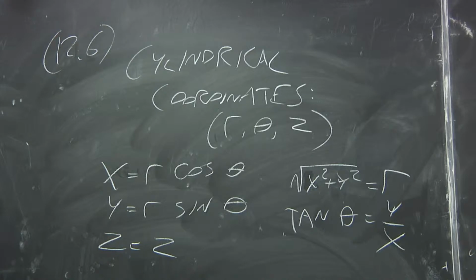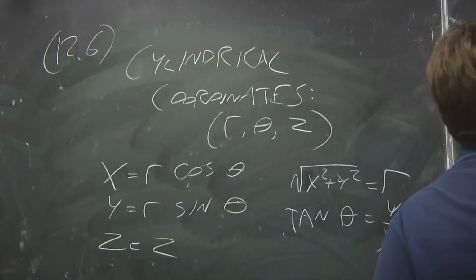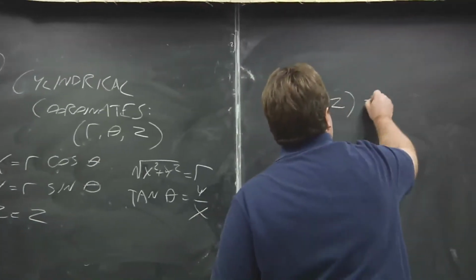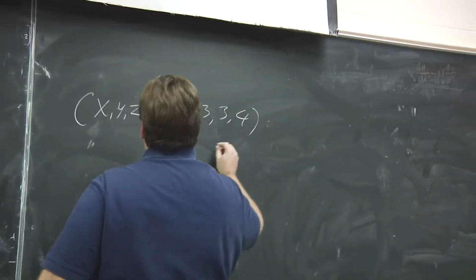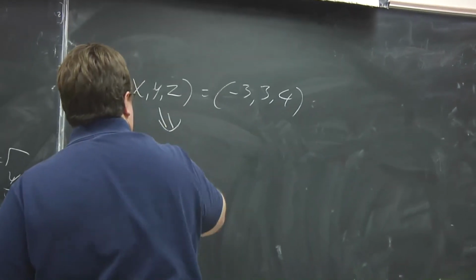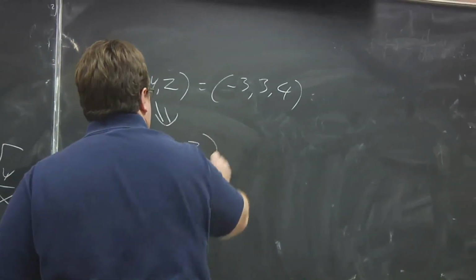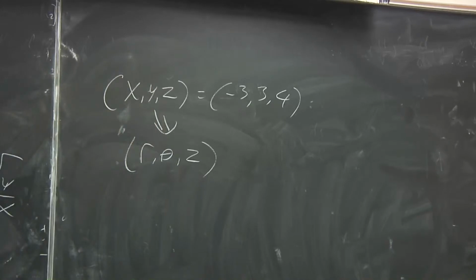Okay. So, for instance, let's suppose we have this point, x, y, z is minus 3, 3, and 4. So we want to go from x, y, z to r, theta, and z.